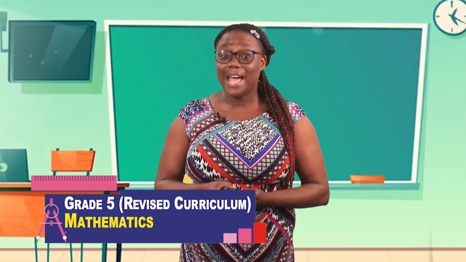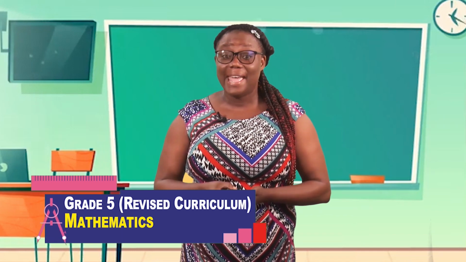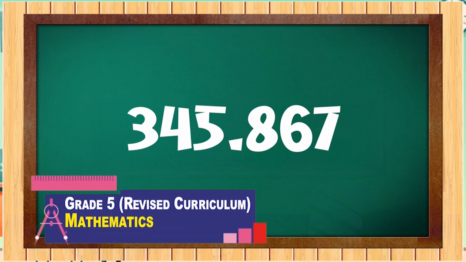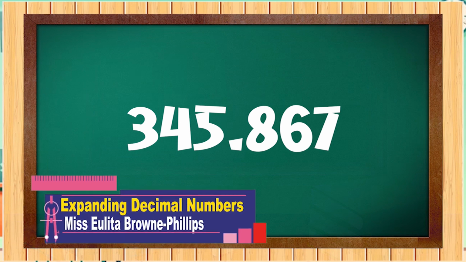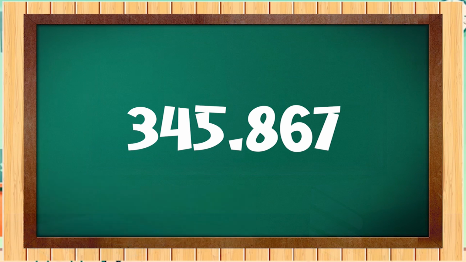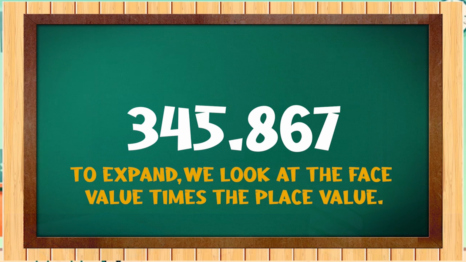Let's quickly look at another example. Expand the number below. 345.867, or 345 and 867 thousandths. Remember, to expand, we look at the face value times the place value.